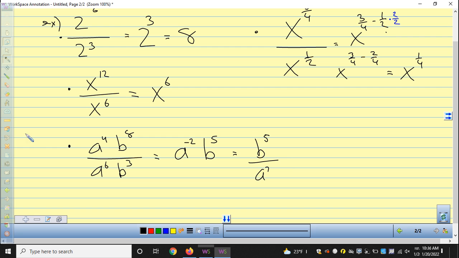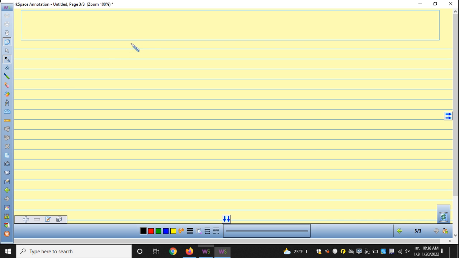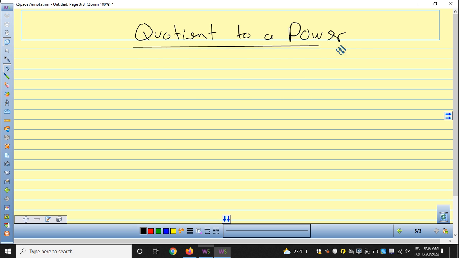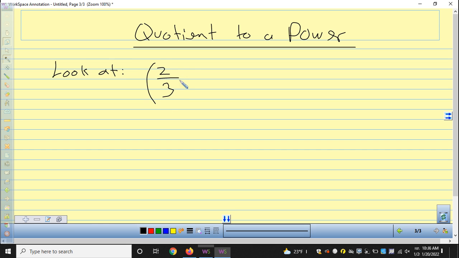Okay, the last thing for today is raising a quotient to a power. Again, we're going to look at a couple of examples because I think we'll be able to see what's going on here. 2/3 to the 3rd power means multiply this thing by itself 3 times.